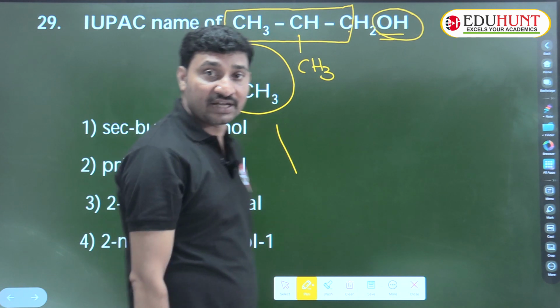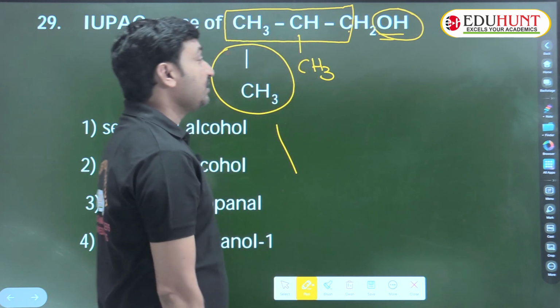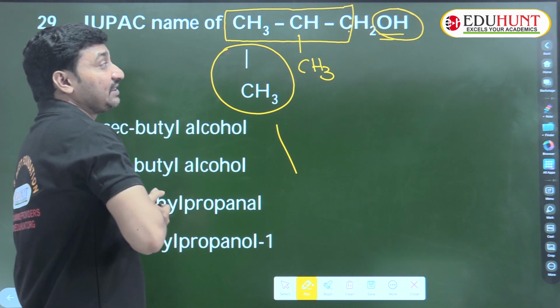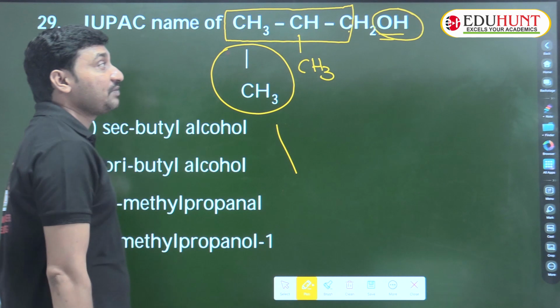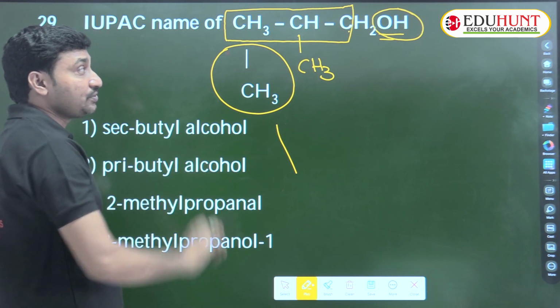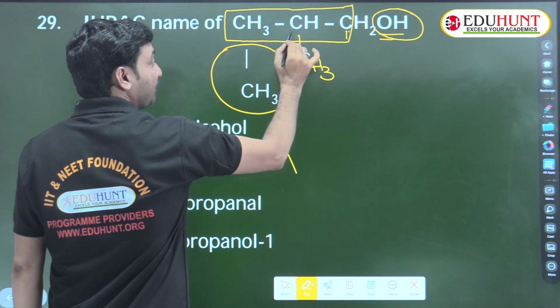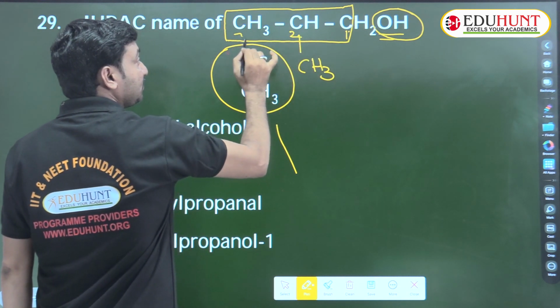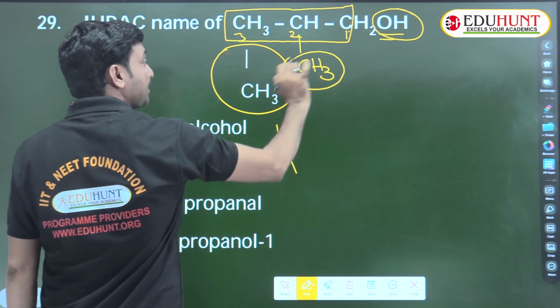After selecting the parent chain, we should give numbering in which the functional group carbon gets the lowest number, because the functional group carbon is priority according to the rules. So you should give number 1 to this carbon atom: 1, 2, 3. Other than the parent chain, the remaining groups are considered substituents.